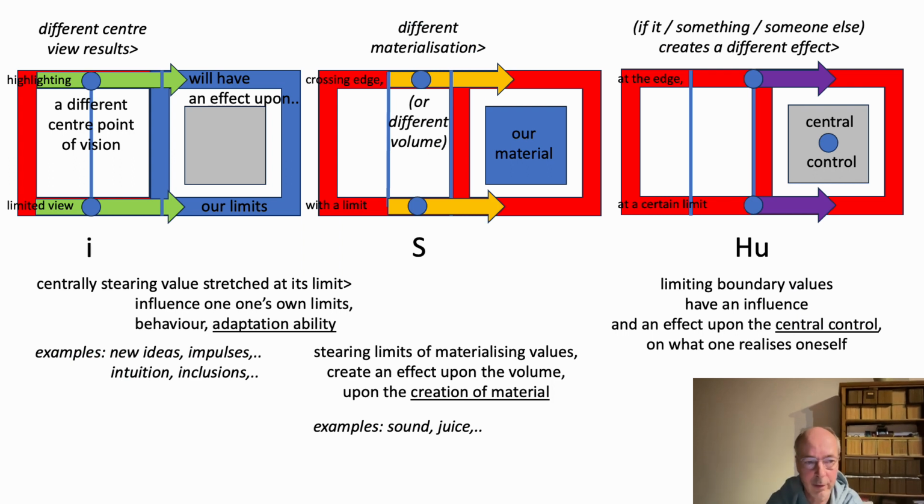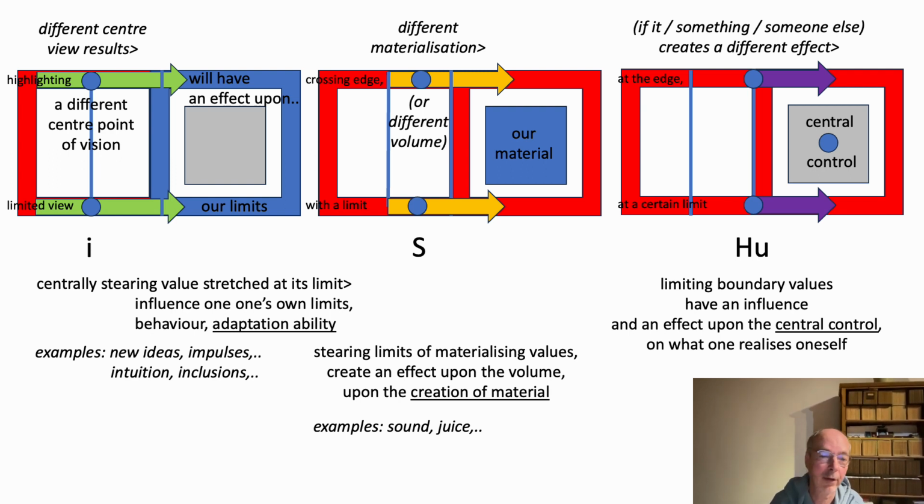So E is really the center value of the edges, where it will have an effect on our adaptations. We will adapt sooner or later. We will find a way, like the whole limits of everything which is unknown. If we grasp it, it will have an effect on how we behave.